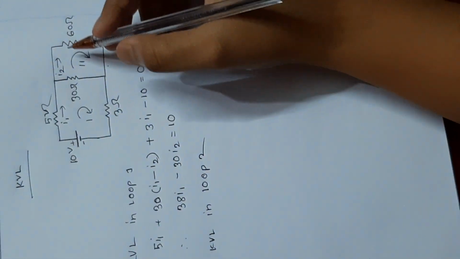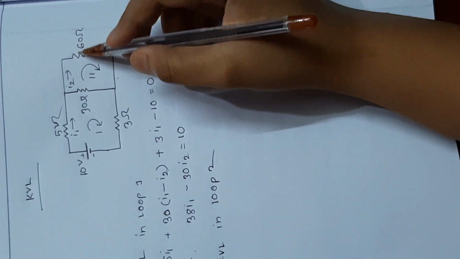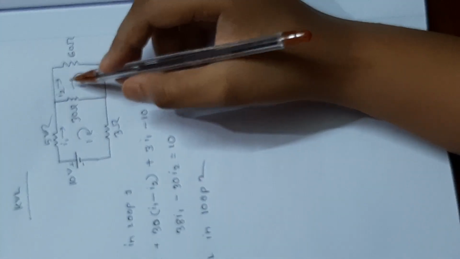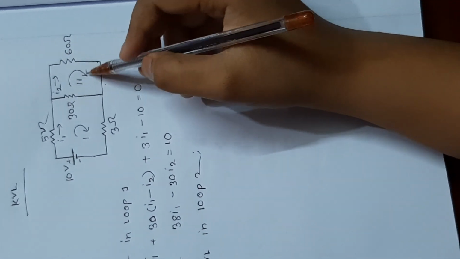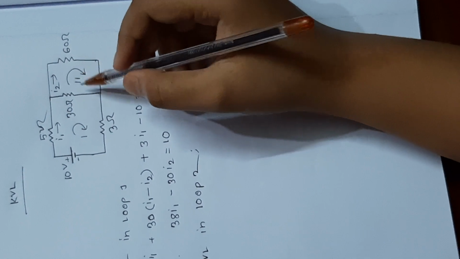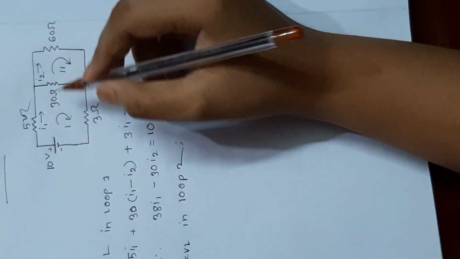We can see here there is no battery, so the I2 flows through 60 ohm and 30 ohm, and again if we see I2 flows through loop 2, here we have to take I2 as positive and I1 as negative.